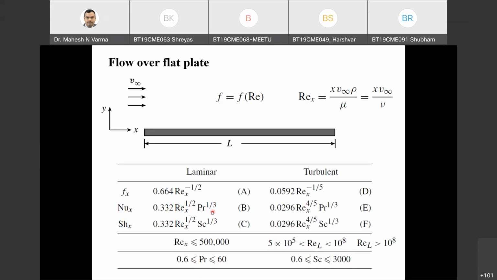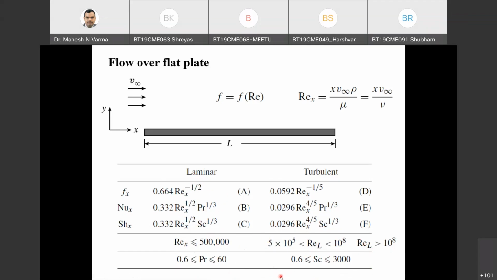These are the limitations first observed by Blasius, and this is the limitation coming from the Chilton-Colburn analogy. I have combined the information, so the limitations will also be a combination. The combination of both will be the limitations of using this equation.